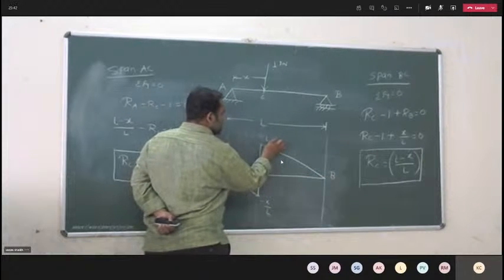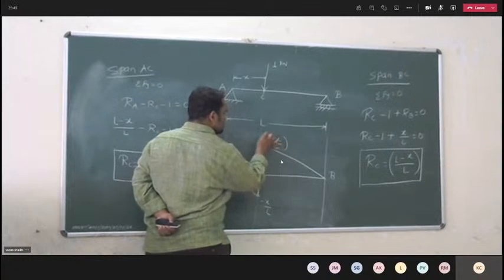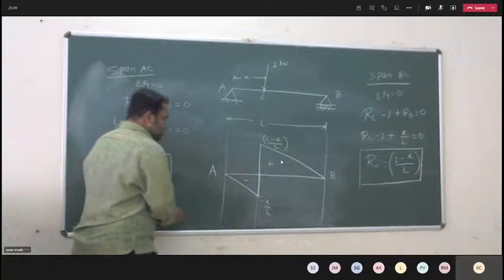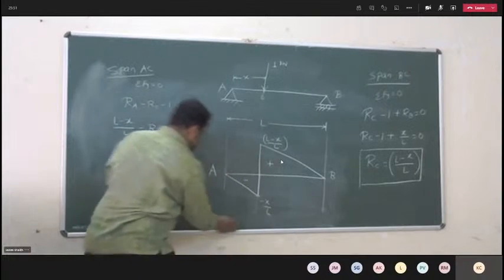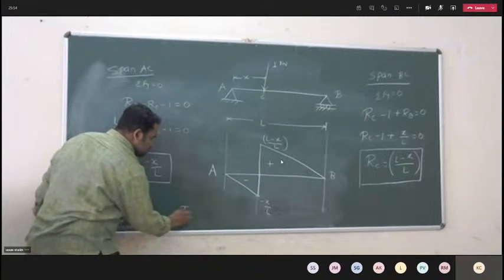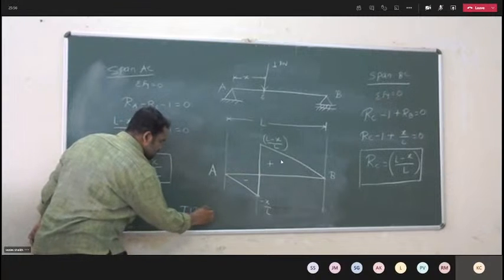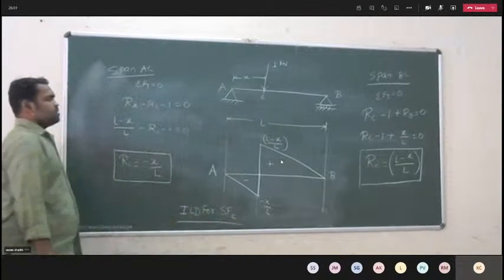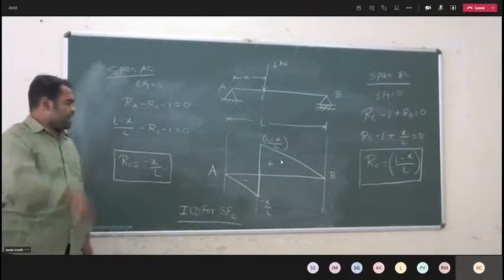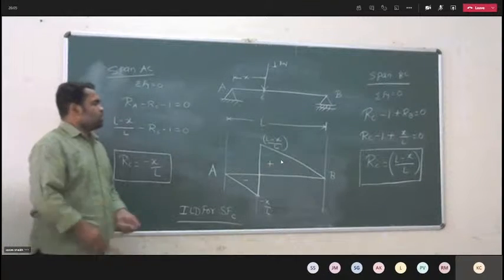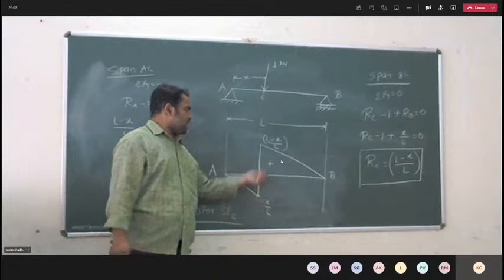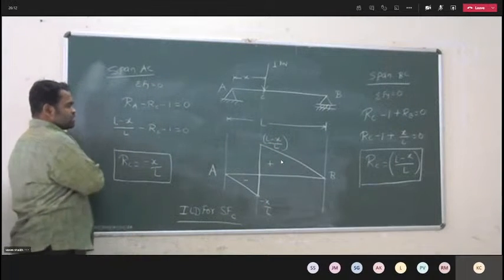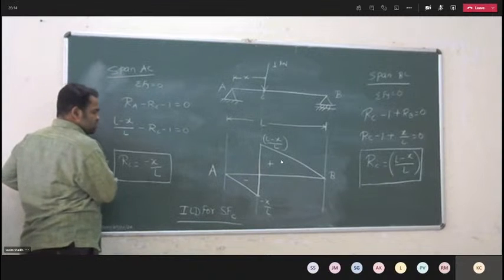This is minus, this is plus. So this is nothing but your ILD for shear force at C. One is minus x by L and the second is (L minus x) by L. We have already discussed this in the last lecture also.